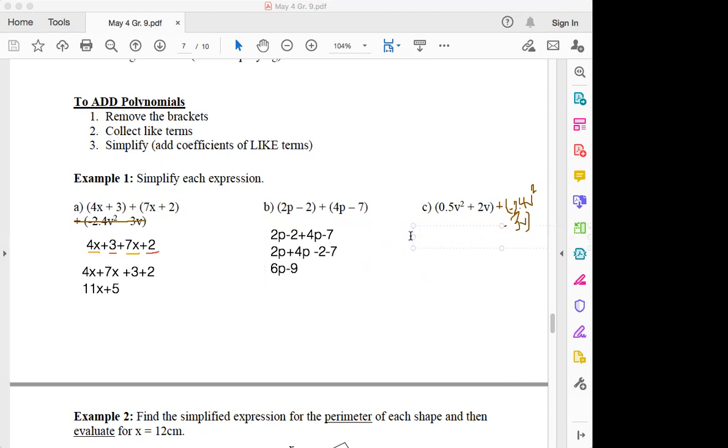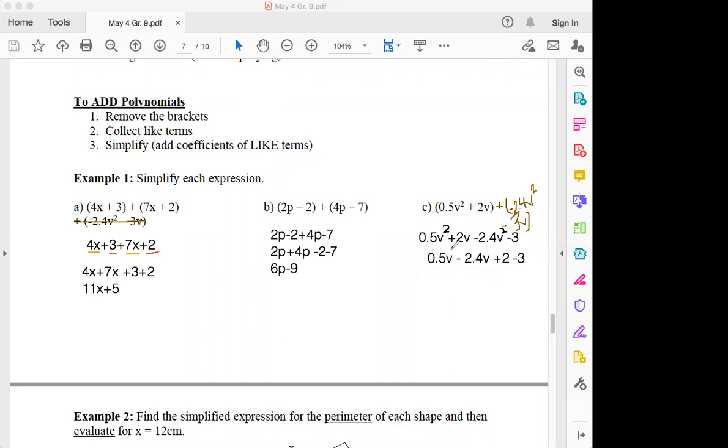So the same thing goes for C here. I'll add the squared after. Okay, so the squared I'm adding. We're going to go back to typing. So we're going to put our minus 2.4v plus 2 minus 3.